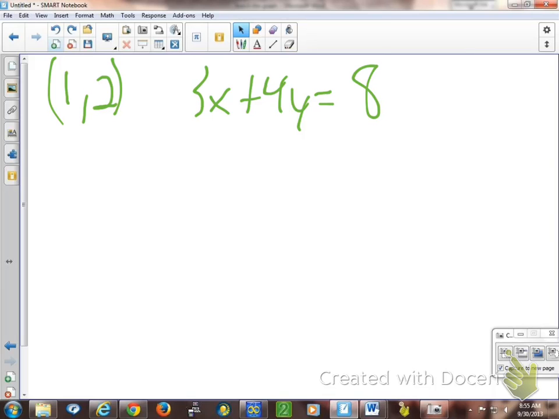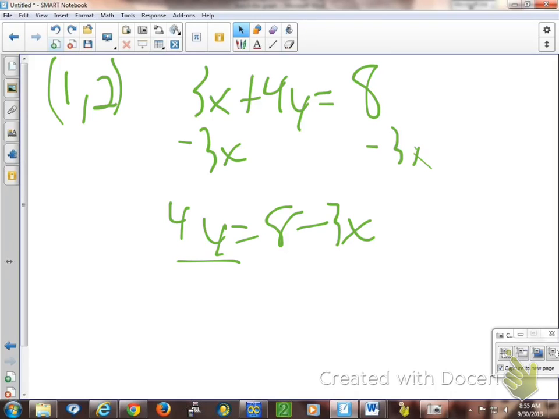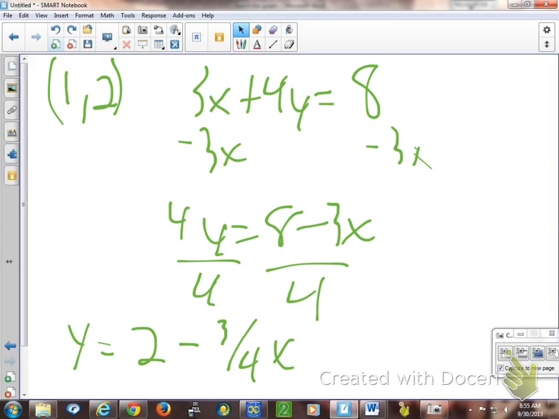So, we're going to be parallel to that thing. So let's solve for y. Subtract 3x. So that's 4y equals 8 minus 3x. Divide by 4. So that's y equals 2 minus 3/4 x. What's the slope of this line? 3/4 negative. Yeah, the number being multiplied by x.